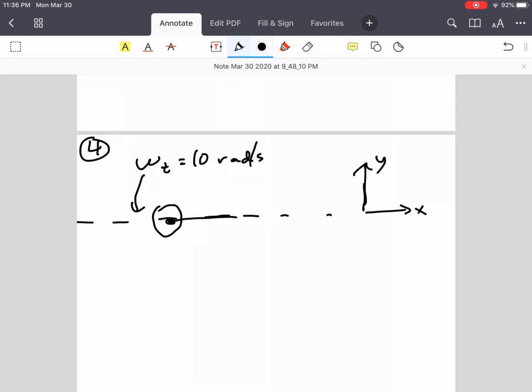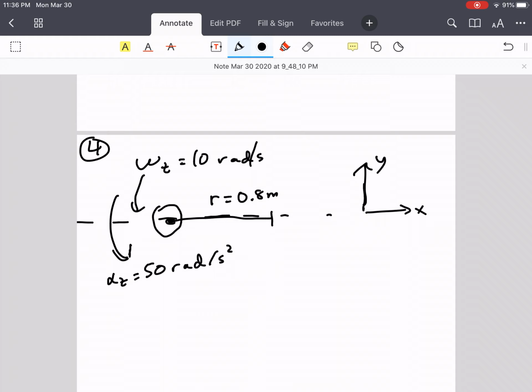The radius, I'll call that lowercase r, was given as 80 centimeters or 0.8 meters. And at this particular point in time, it's also accelerating, so he's speeding up, with alpha z of 50 radians per second squared. Okay, so that's the rotational motion. And the question asks, what is centripetal, tangential, and total acceleration?